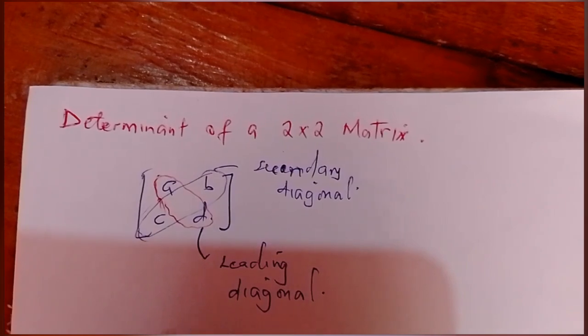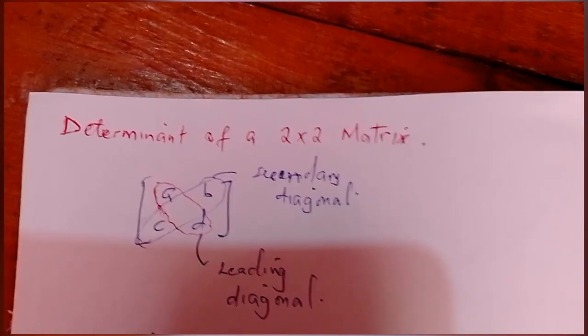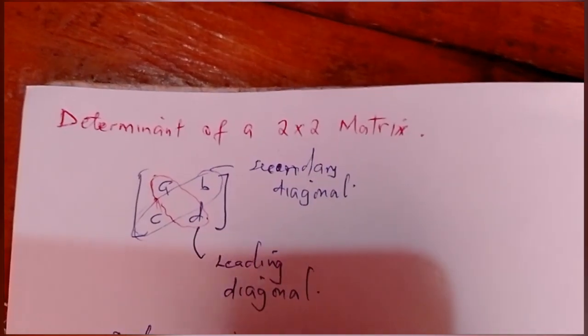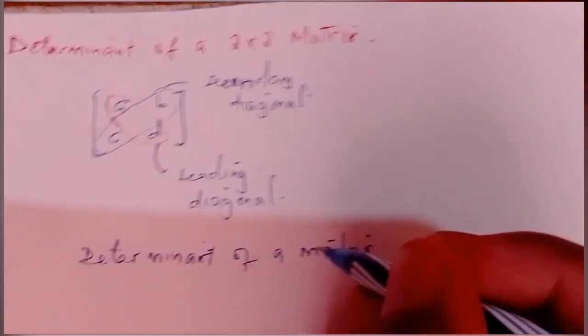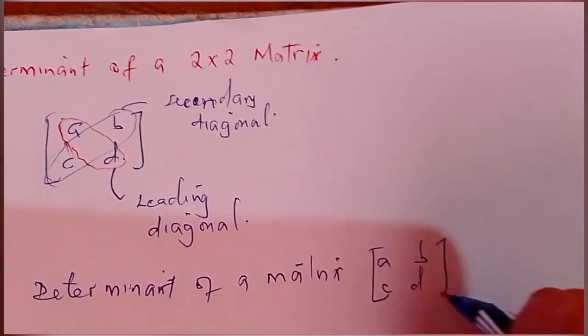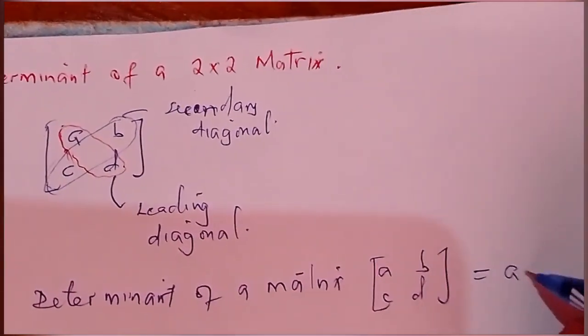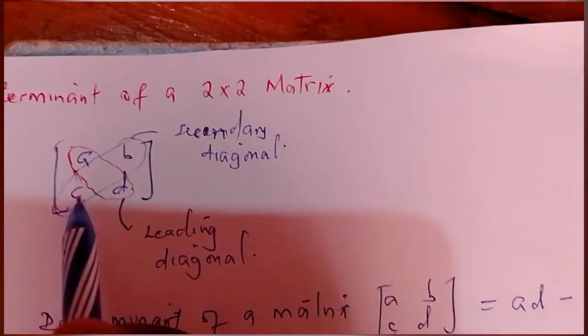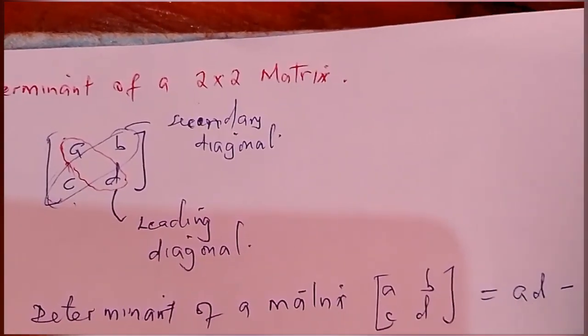So the determinant of this matrix A, B, C, D is A times D, which is AD, minus B times C, BC.